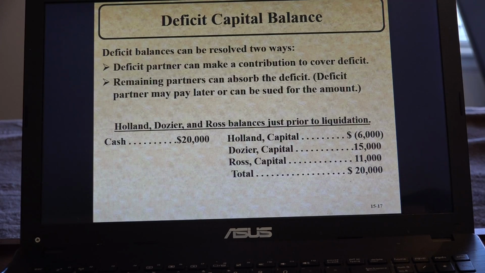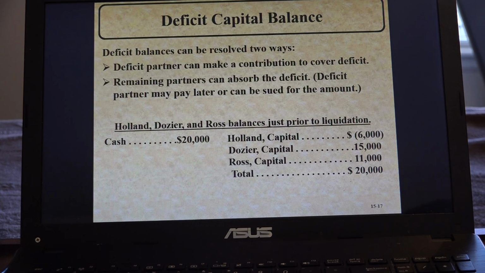Now, do they have some sort of legal recourse against the partner who has the deficit? Well, yeah, but if they're in bankruptcy, a lot of good it does to try to get it.